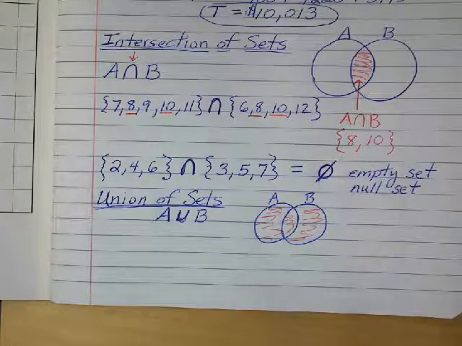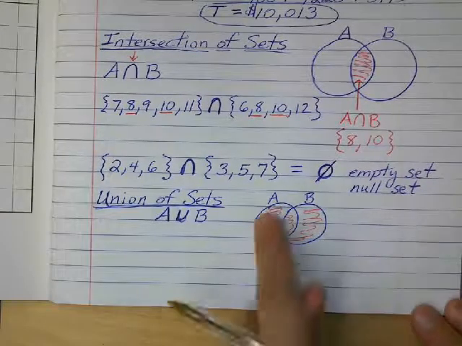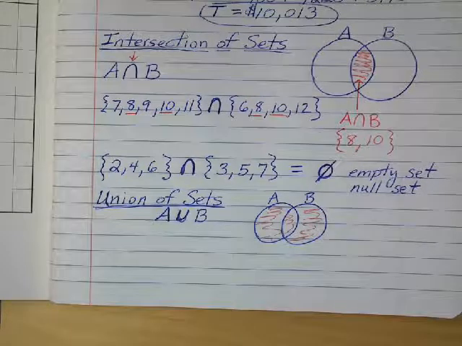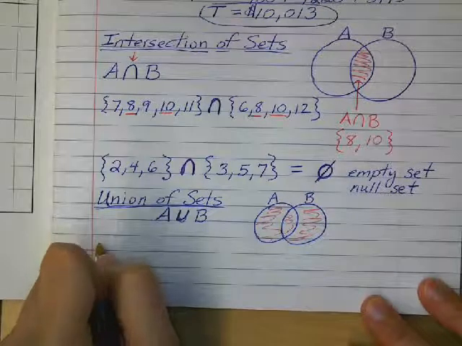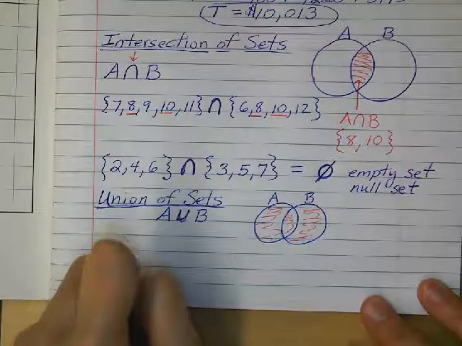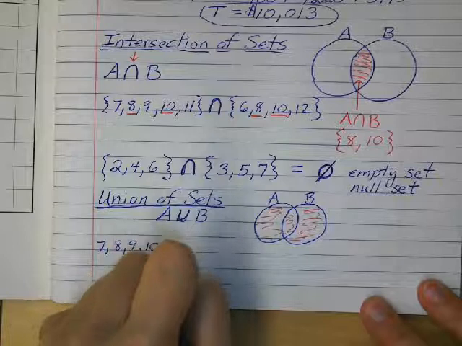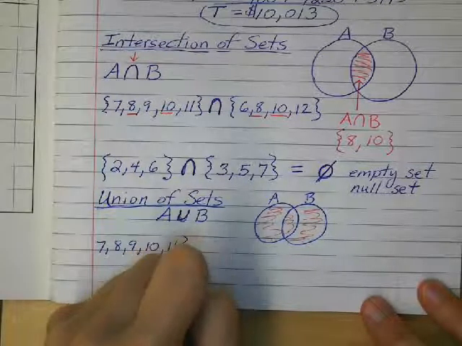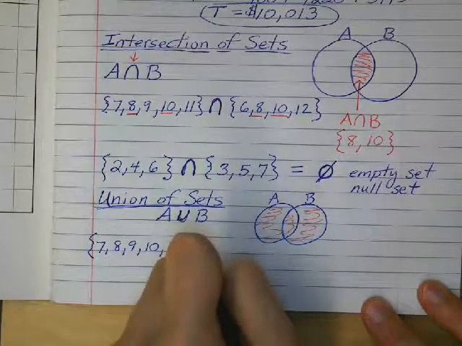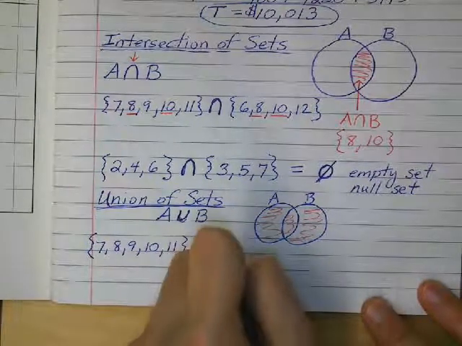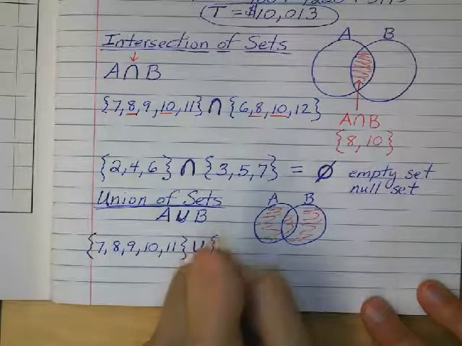So if set A was 7, 8, 9, 10, 11, and then you're going to union it with another set, 6, 8, 10, 12.